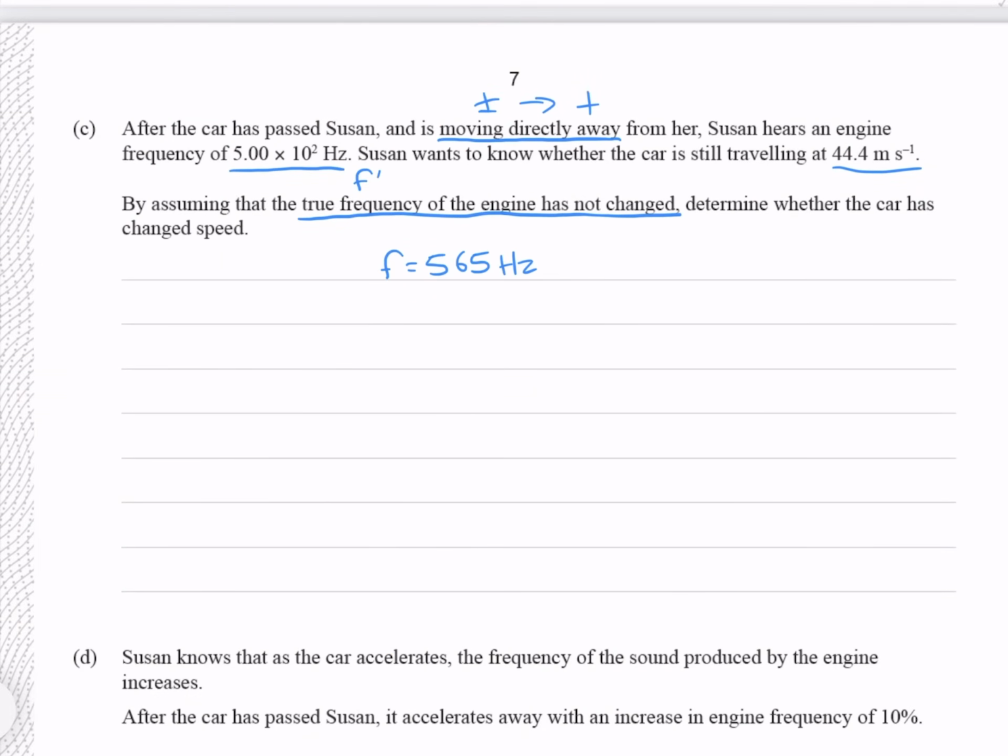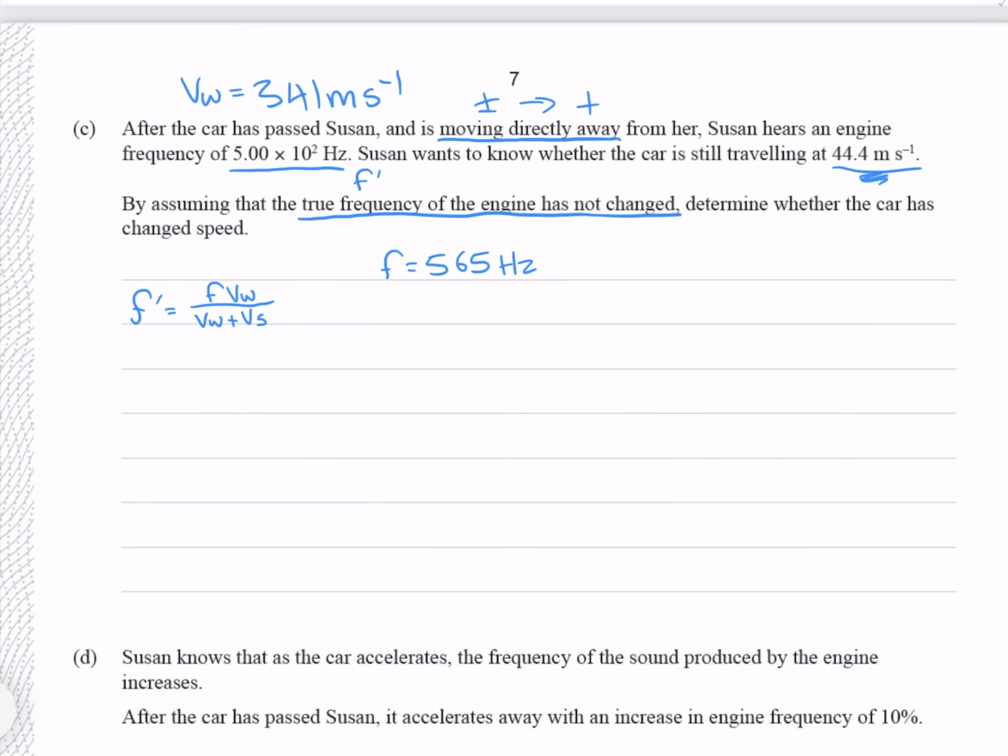And we can also safely assume that the velocity of the wave has not changed and that it's still 341 meters per second. Having all of this, we can now use our Doppler effect equation, where we need to solve this for Vs to confirm whether or not it is still 44.4.